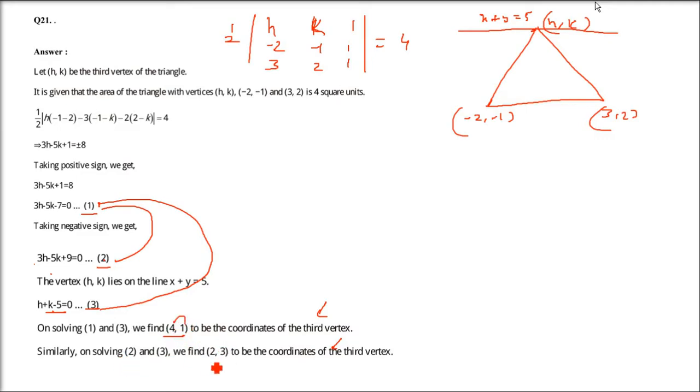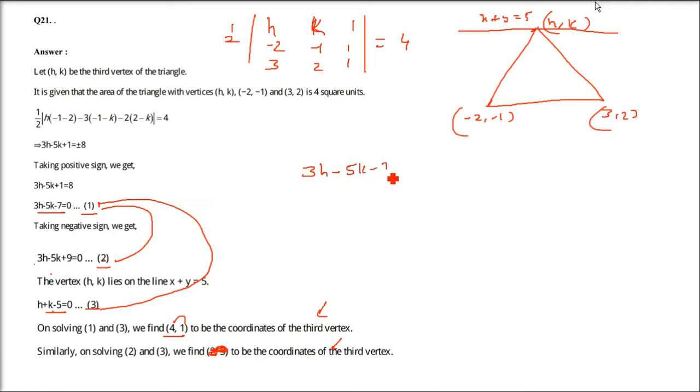So this is 4, 1. But the situation is, why I'm telling again and again, in the question there is no answer which says it is 2 and 3. It's not given 2 and 3. So 4, 1 and 2, 3 is not given.